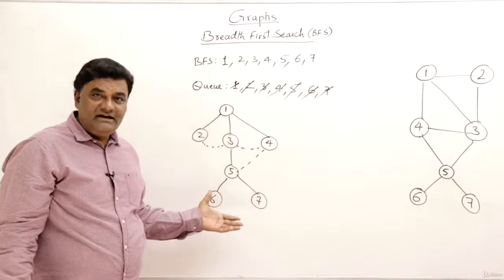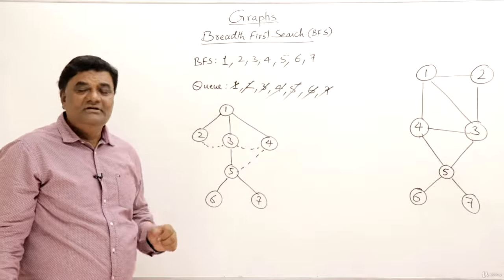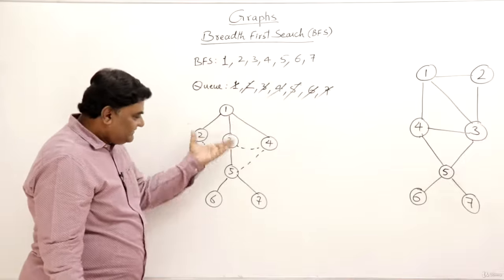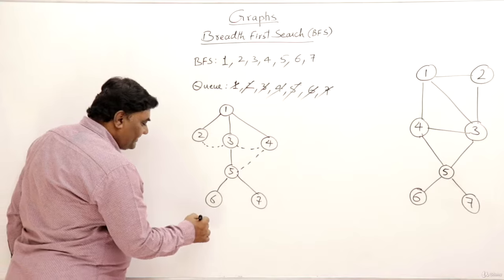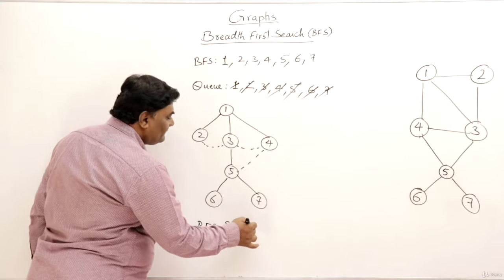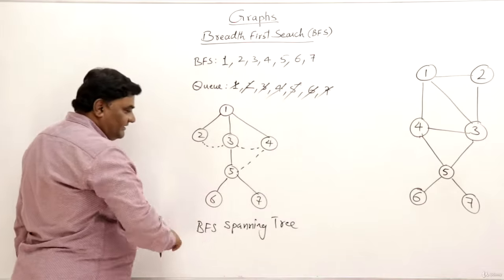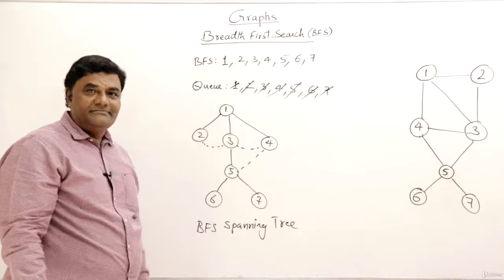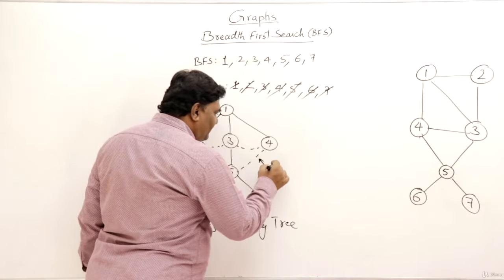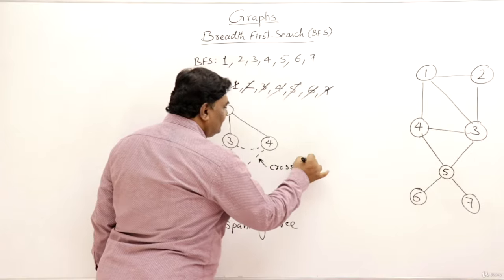So that's all. I have given you one example and already shown how various examples are possible. Now learn a few things from this one. This tree is called a breadth first search spanning tree. And these dotted edges that I am drawing can be called cross edges.